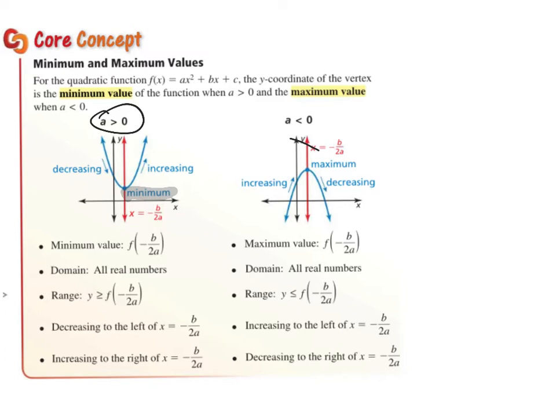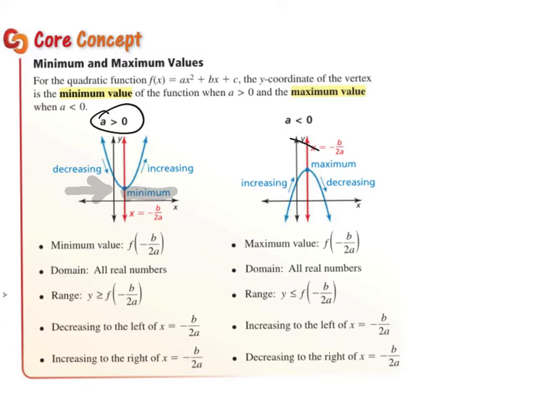You also see that because our parabola opens up, because a is bigger than 0, as we work from left to right, as we come in, it's decreasing, getting smaller, smaller, smaller, hits its lowest point, and now as we go to the right, it increases. So it's decreasing here to the left and increasing here to the right.